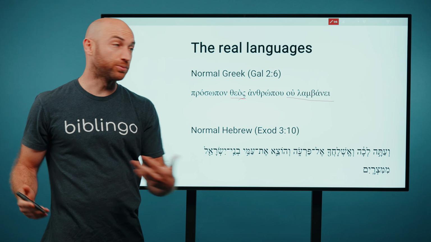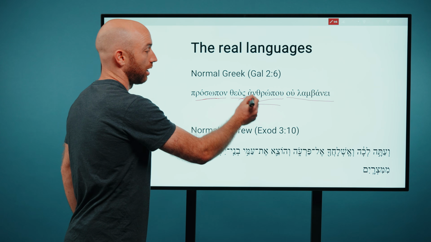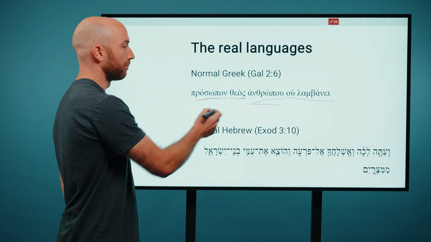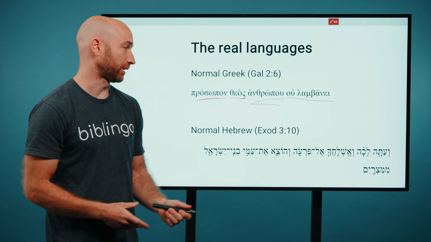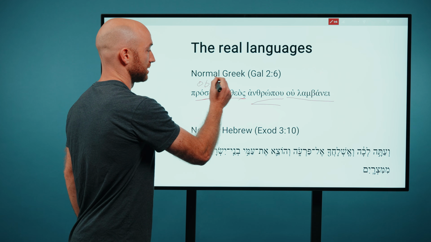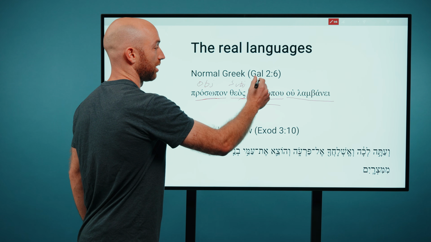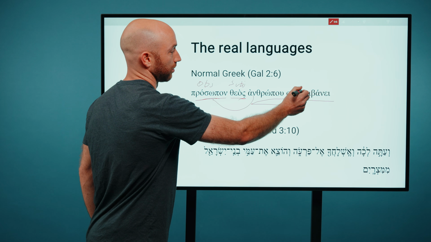The object is prosopon, and anthropou, of man or of a person, goes with prosopon. This syntax is pretty complicated. You have, this is the object, this is the subject, and then this is a modifier of the object, and then this is the verb, okay?